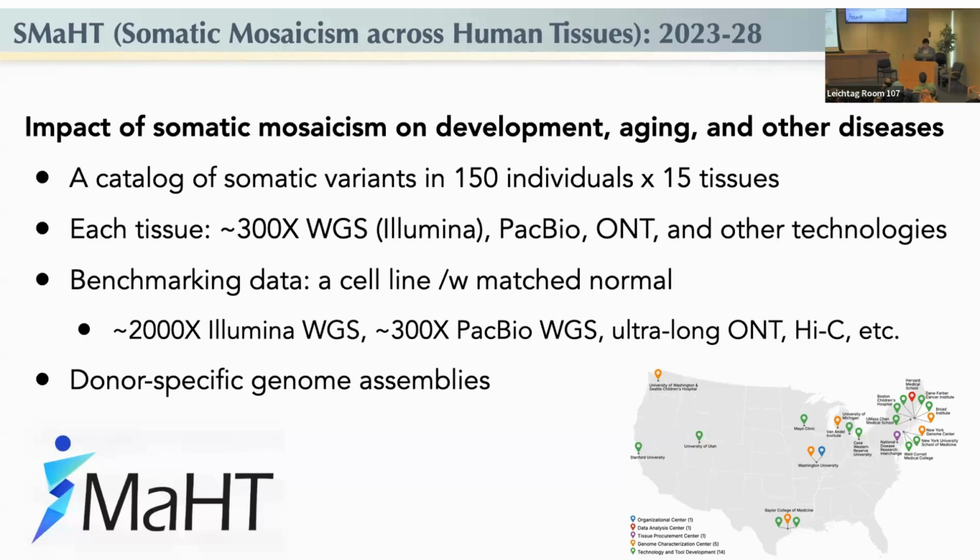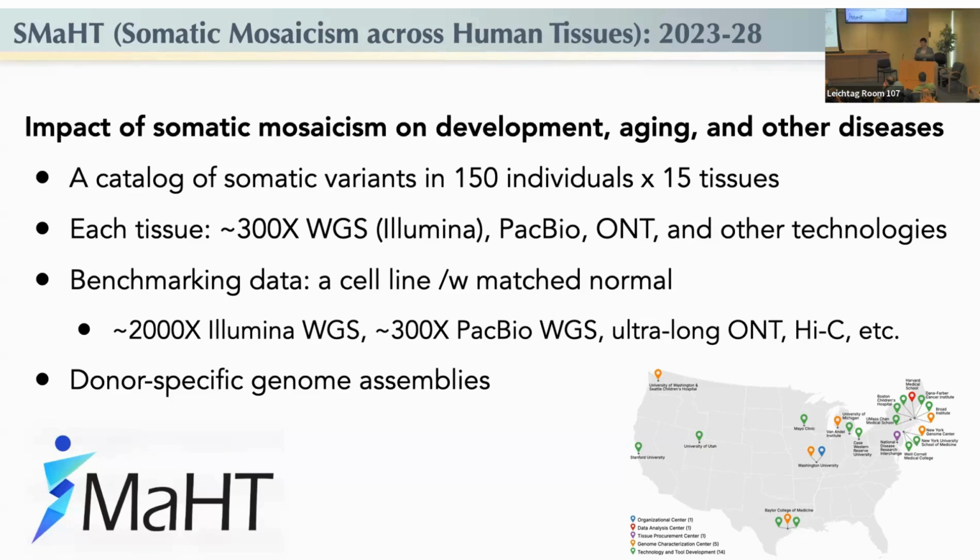To figure out what the best tools are, we have to generate a truth set and test various methods. So we have some benchmarking data, with 2000x whole genome and 300x PacBio, et cetera. So there's a lot of data.